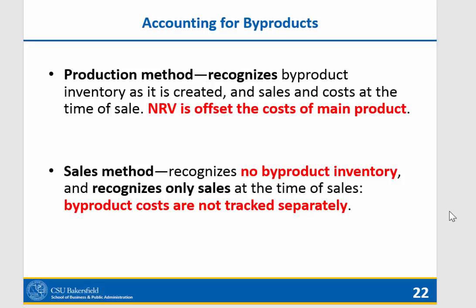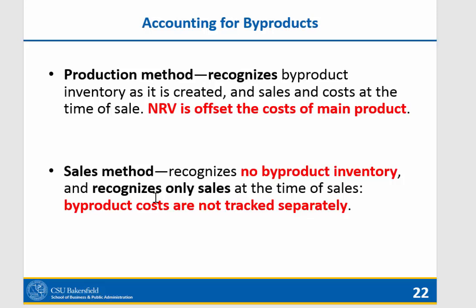Accounting for the byproducts has 2 major methods. One is the production method. The production method recognizes the byproduct inventory as it is created, and the sales and costs at the time of sales. For the byproducts, when you come up with the NRV, this NRV is going to offset the cost of the main product.